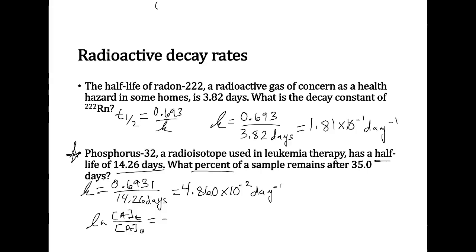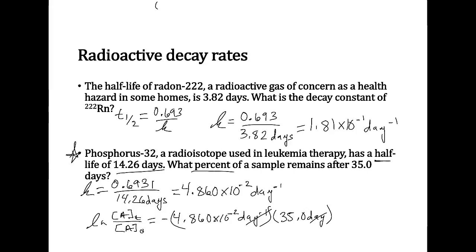So the natural log of A sub t over A sub naught is equal to negative 4.860 times 10 to the negative second per day times our time, which is 35.0 days. Days cancel out.